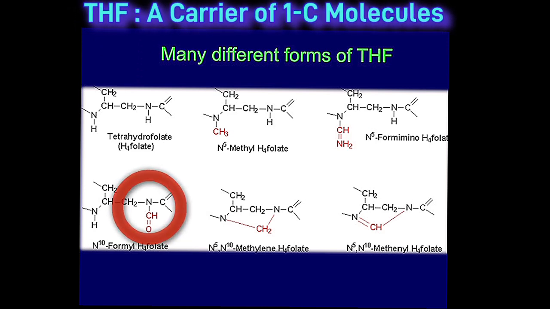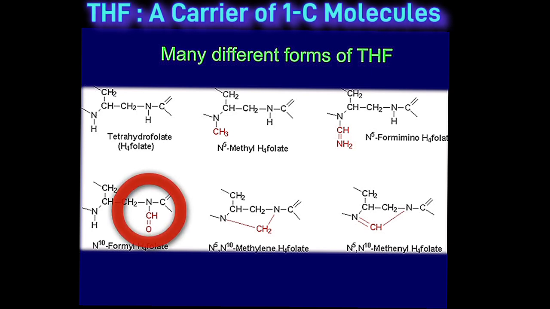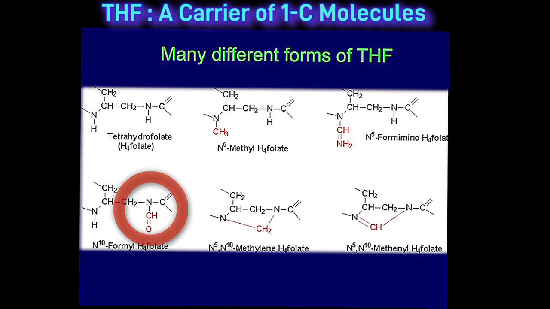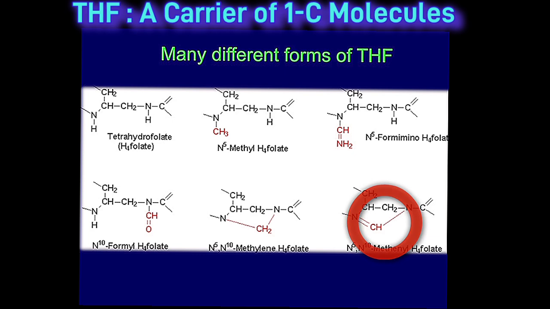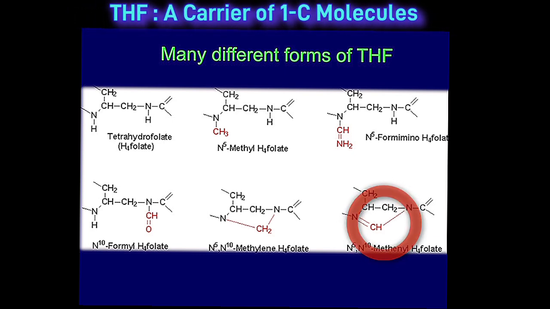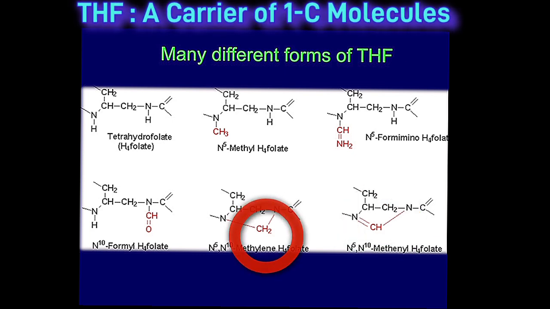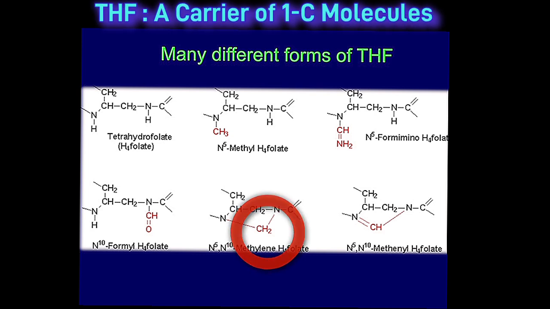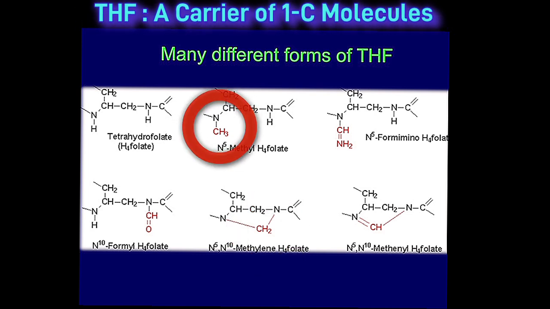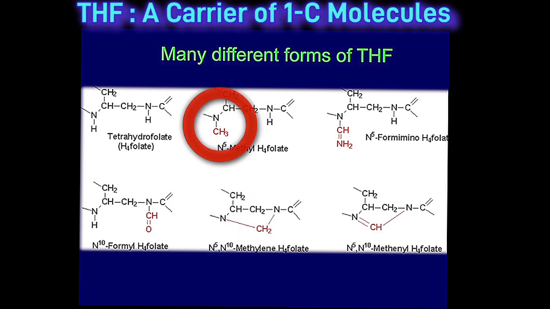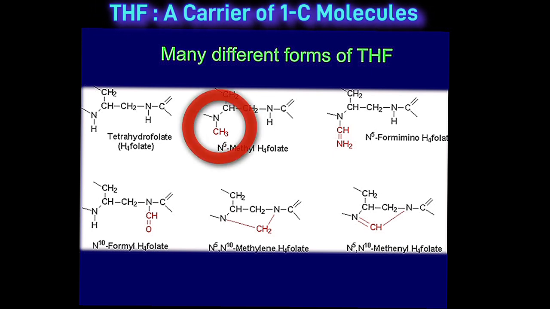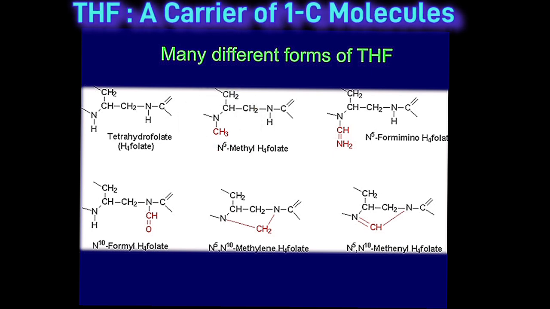So you have a formyl carbon with a carbonyl, the carbon here, double bond there, CH, CH2, methylene, methyl. There are a few other forms. We've already covered this one briefly when we were talking about methionine.